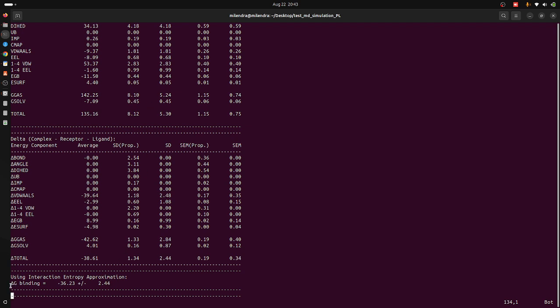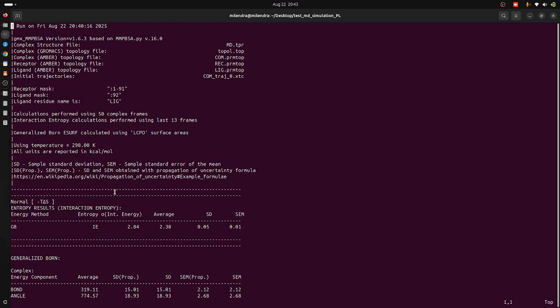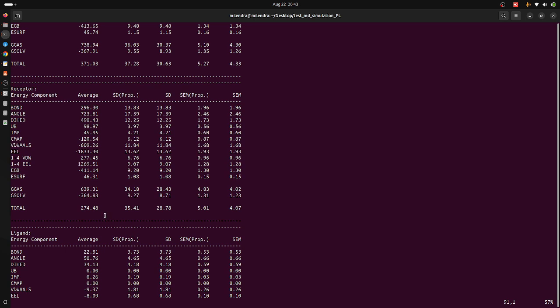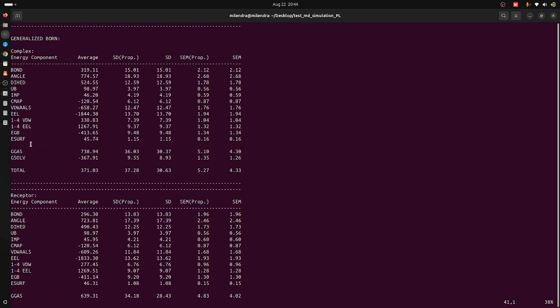Yeah, there's the minus delta G binding, and this is minus 36.23, standard deviation 2.44, right? This is the delta G binding, minus 36.23, and this is the real time binding, right? There are some other properties and parameters that were calculated, like minus T delta S, gas, solvation.